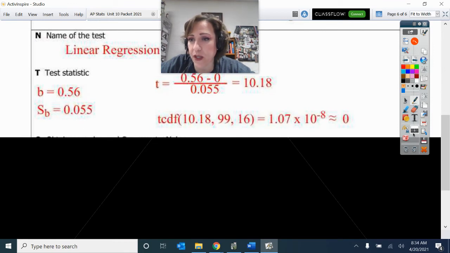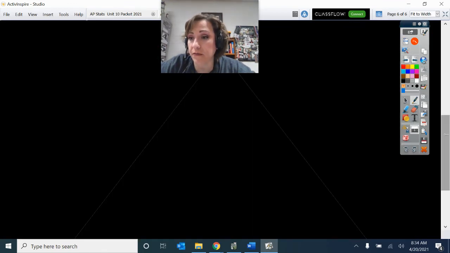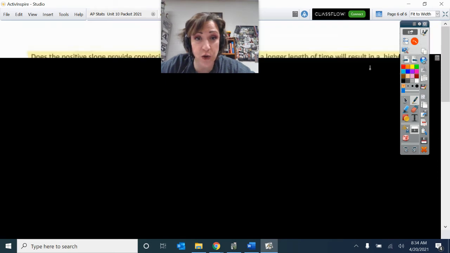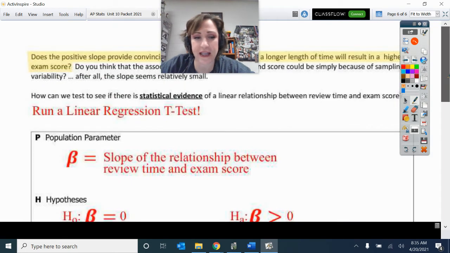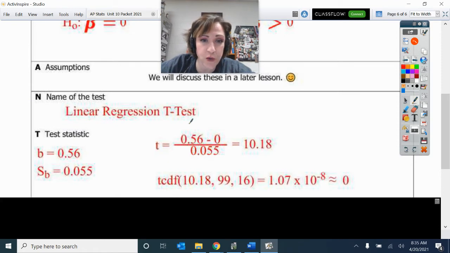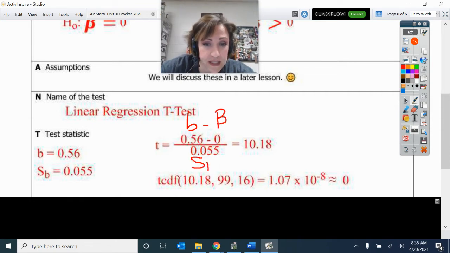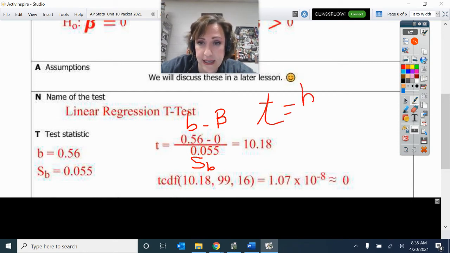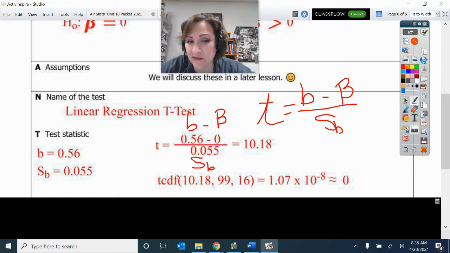Look at how we get our t-score. We are going to do our little b sample minus the hypothesized beta over the standard deviation of the slope. So t equals sample slope minus beta over the standard deviation of the slope.